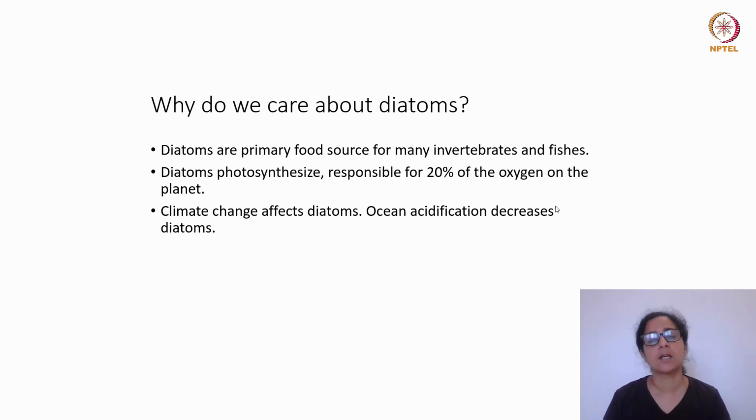So the oceans take up a greater amount of carbon dioxide, because of which the pH levels of the ocean decrease, and that affects the cell wall of these diatoms, and it decreases diatoms, thereby drastically altering a lot of other processes downstream.